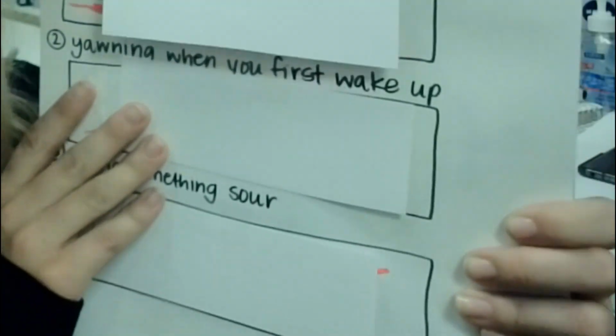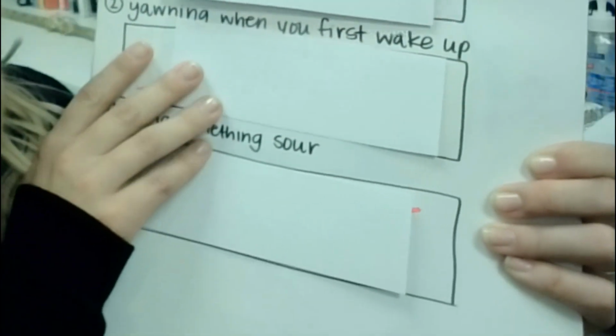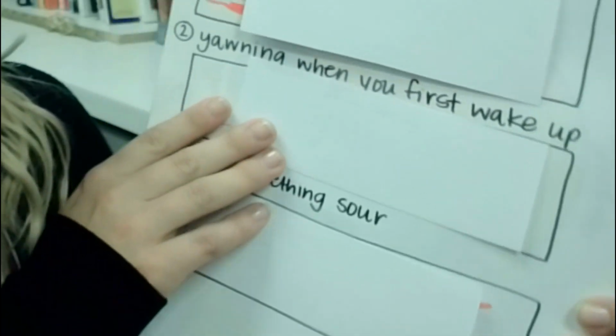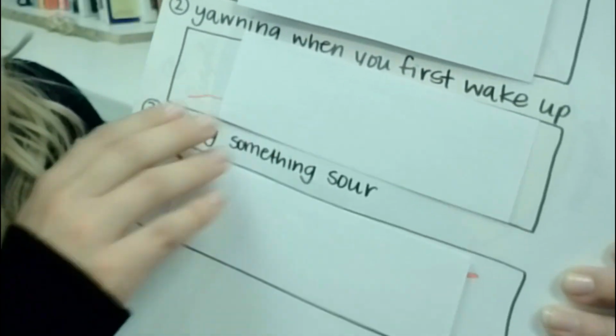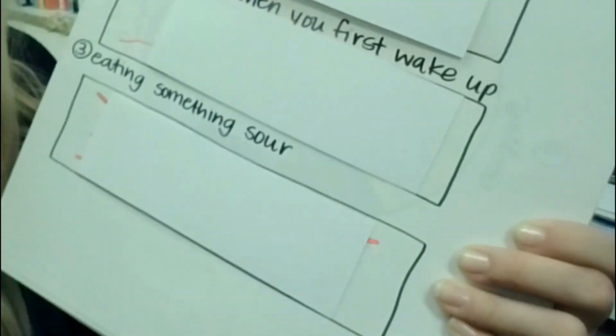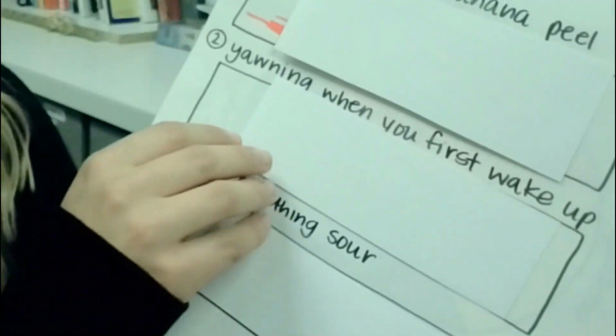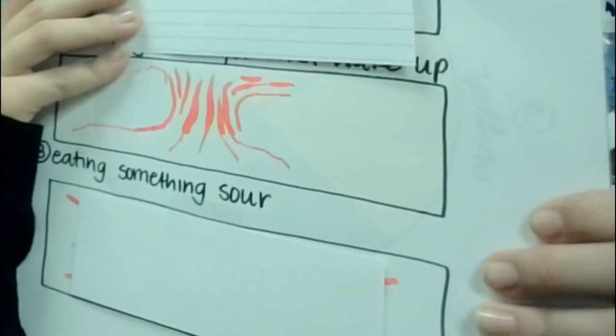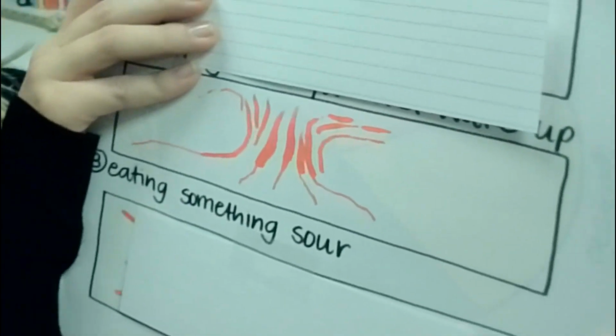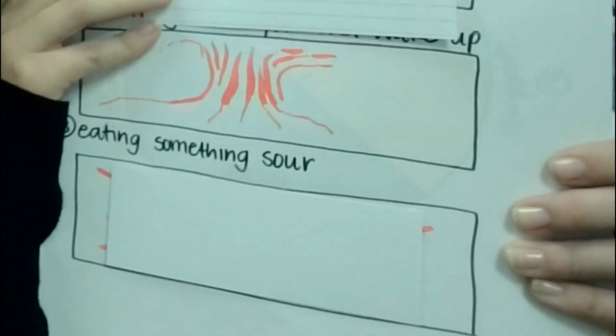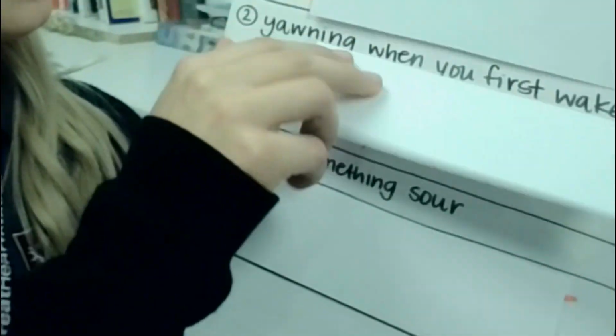Okay? Yawning when you first wake up. Now that is an amazing feeling, yawning and stretching when you first wake up. That's a pretty good feeling because your whole body gets a little bit more awake and also relaxed at the same time. So I chose these lines. Again, thin and thick, kind of sad and tired lines mixed with energetic lines. Kind of looks like a volcano.